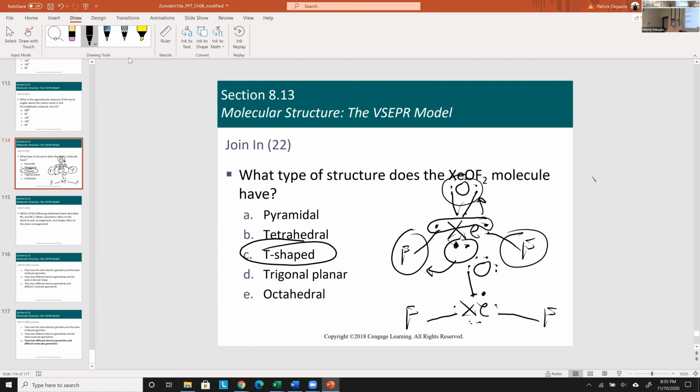That's really not good. That's a radical. A radical means you have one lone electron, and that is extremely reactive with really anything. So we want to avoid that at all costs.